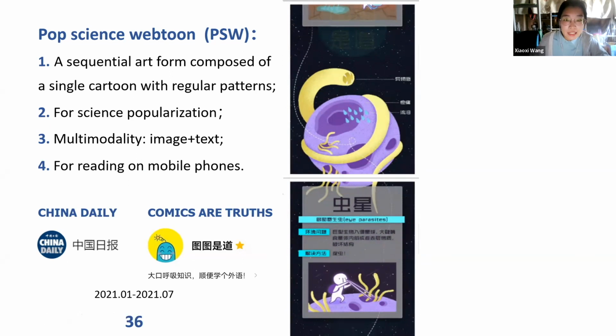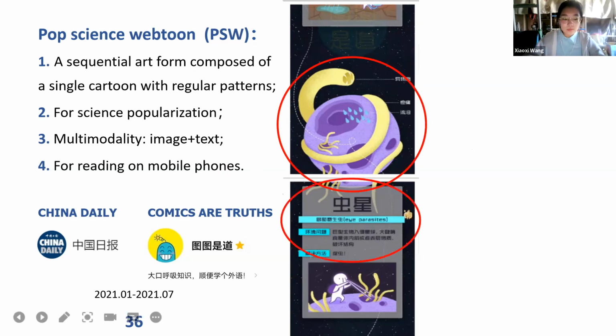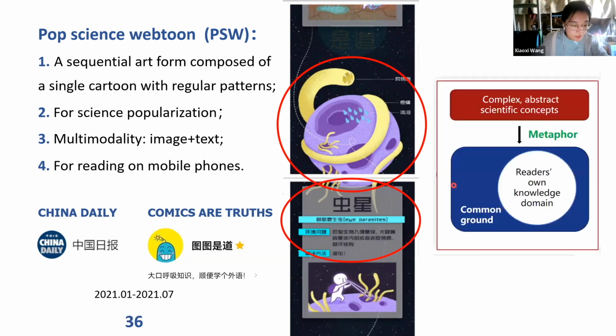in the strips. This kind of pop science webtoon is a multimodal genre, and it includes both image and text. I will use the laser pointer. When working on popular science webtoons, the author often has to come up with metaphors to depict complex, abstract scientific concepts.